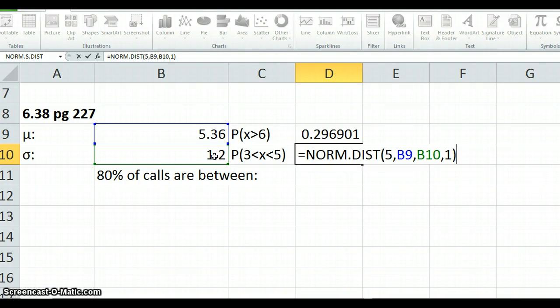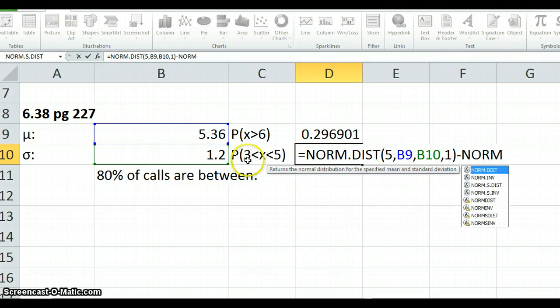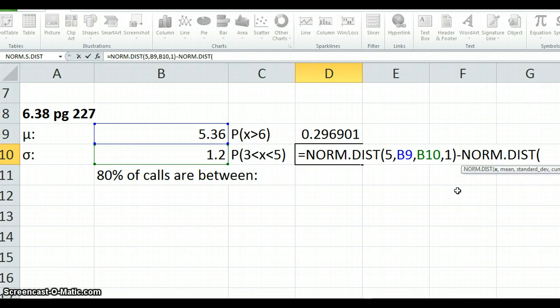And then if I just hit return, we'd find the probability that we had a call less than 5 minutes. But we want to actually figure out the probability that's between these two. So we're going to do minus NORM.DIST. Let's see, 3 this time because we want the lower end of it, comma, B9.